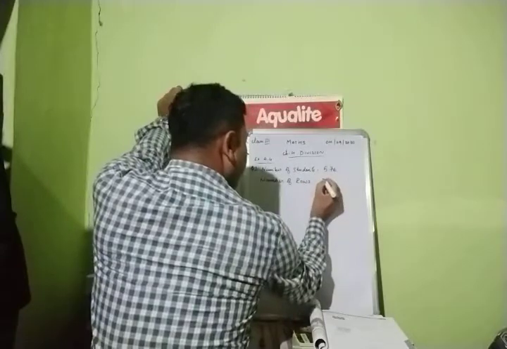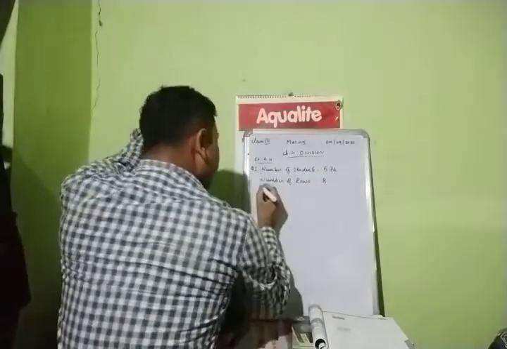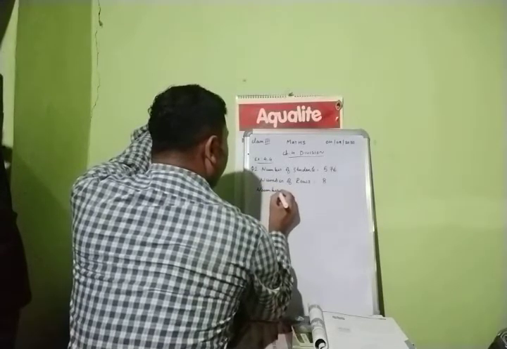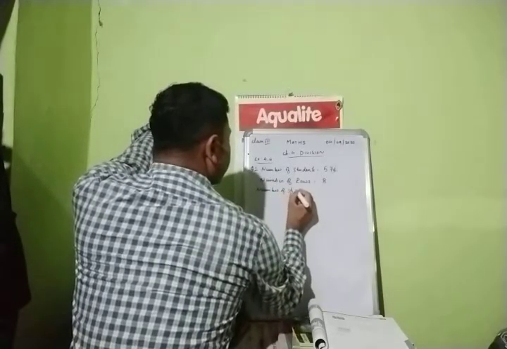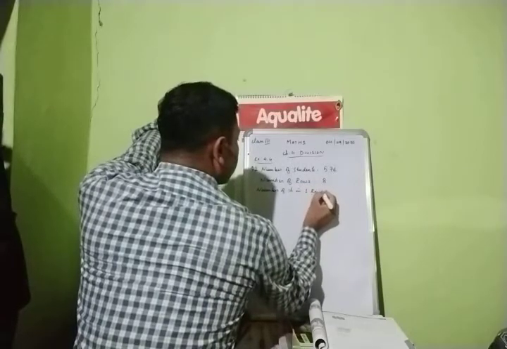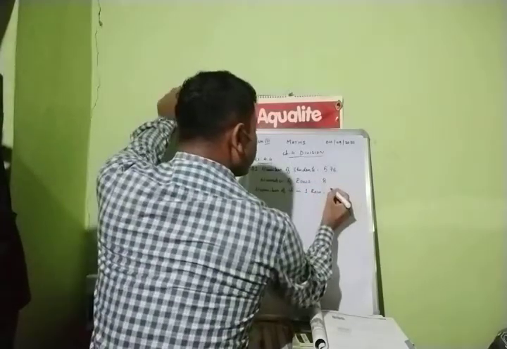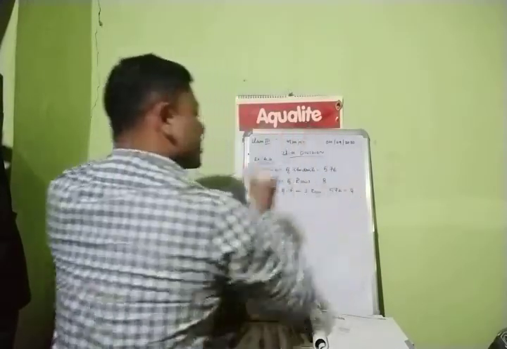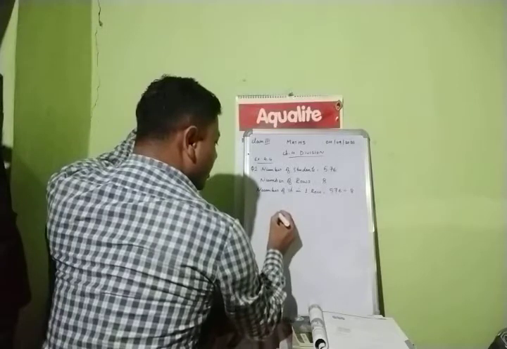Yes or no children? Okay. Now, number of students in one row. So what we have to do? We have to do this: 576 divided by 8, like this. Alright? Now let us do division here.